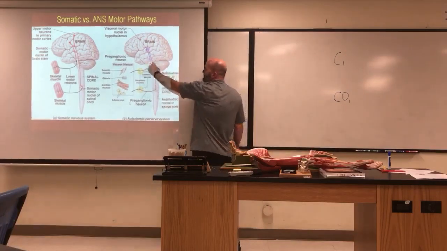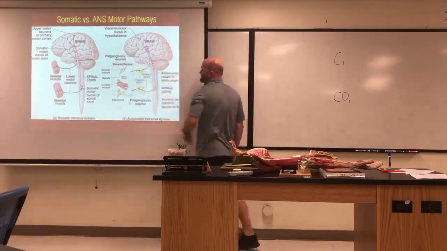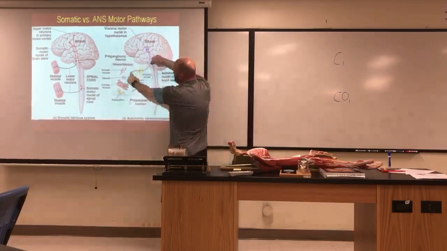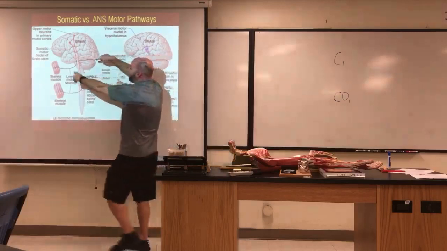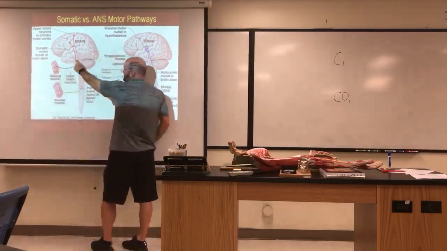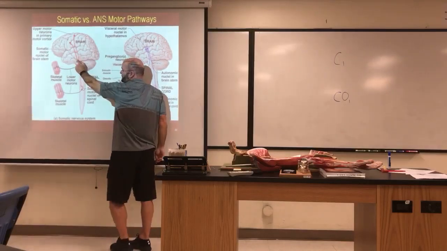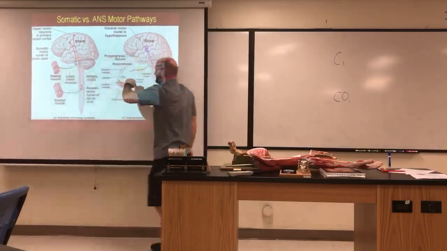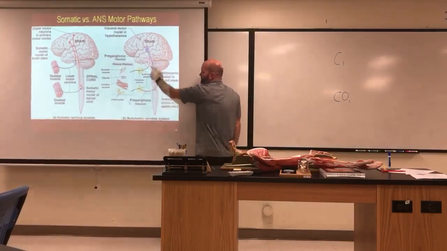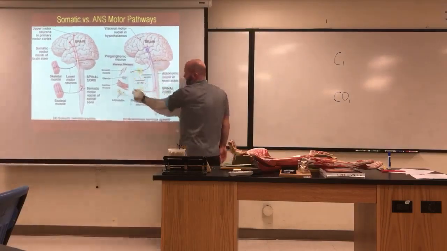This is clearly brainstem nuclei. This must be parasympathetic. I've also mentioned in the past that these two together are the equivalent of this single lower motor neuron. In that, this lower motor neuron takes you from the CNS all the way out to the target. Here it takes two neurons to get from the CNS all the way out to the target.